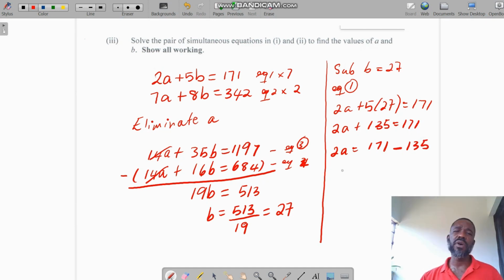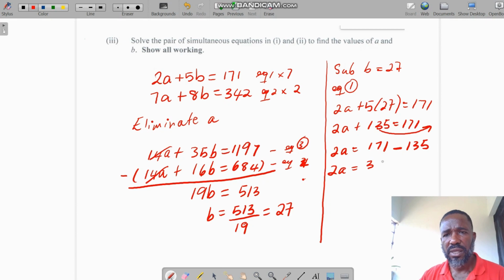We could say we subtract 135 from both sides, but remember this 135 is adding here, so whenever it goes across the equal sign, it comes across as the opposite sign, which is minus. So 171 minus 135 is equal to 36, so 2a is equal to 36.